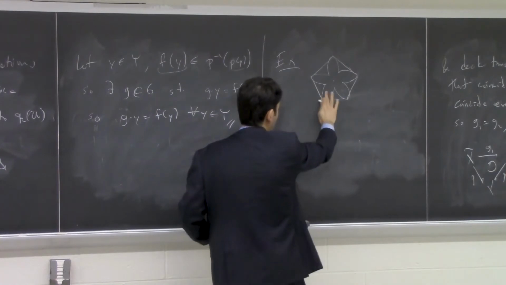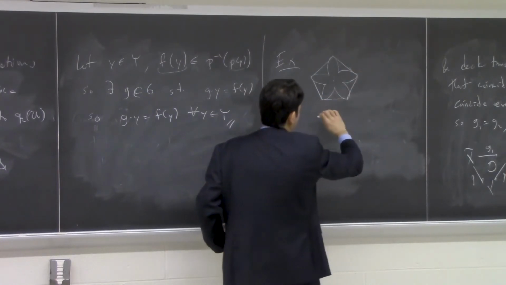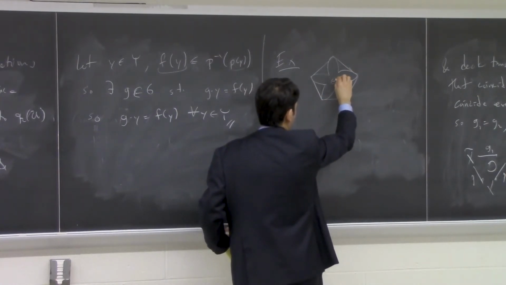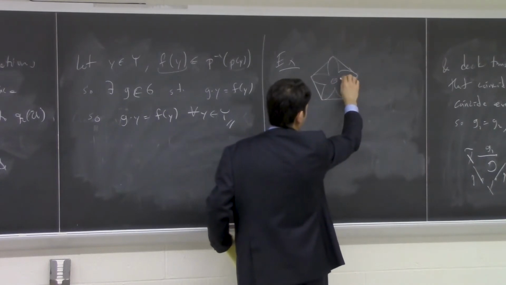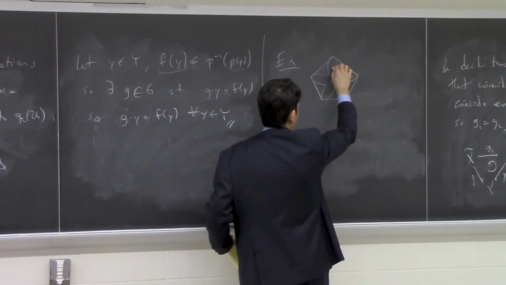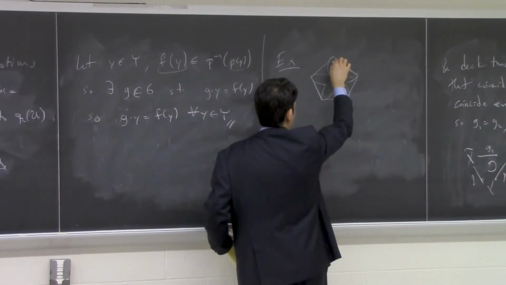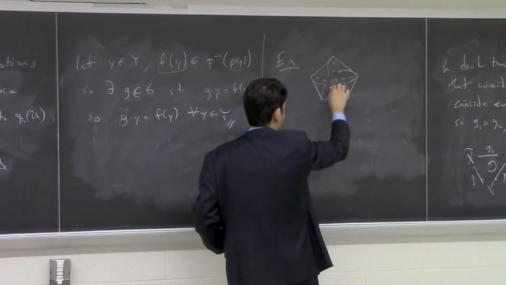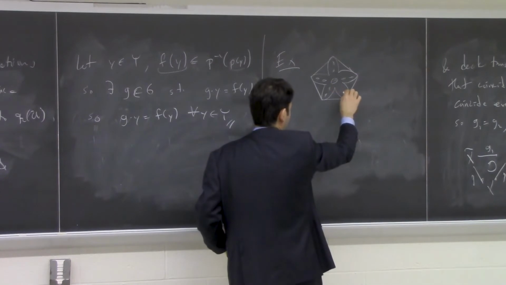Again, it's supposed to be regular, but whatever. And then we'll put one hole right in the center, and then some number of holes along the tentacle, same number. And again, it's supposed to be symmetric.